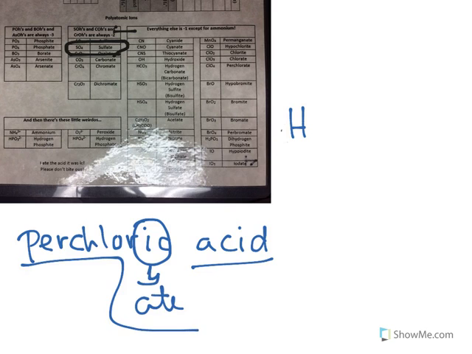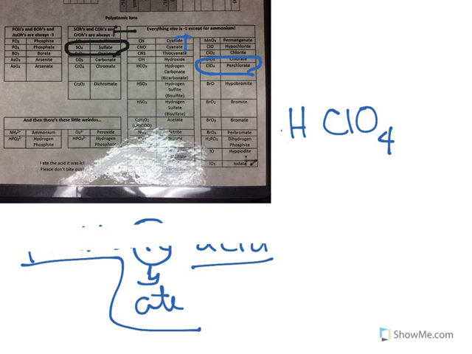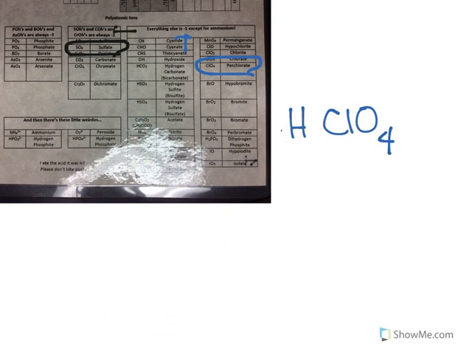So perchlorate is the polyatomic we need to find. That is right here. It is ClO4. And if you look up at the top, this is in the -1 group. So the subscript for hydrogen would be 1, but we don't write 1s because we're lazy. So this would just be HClO4. Let's do one more, and then we'll talk about how to write the names.